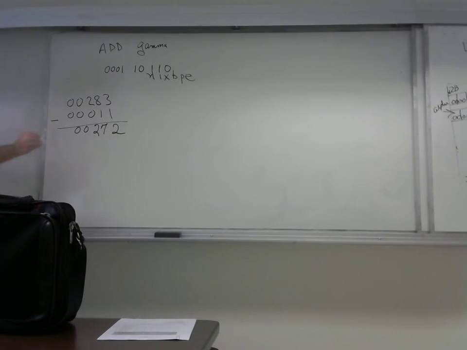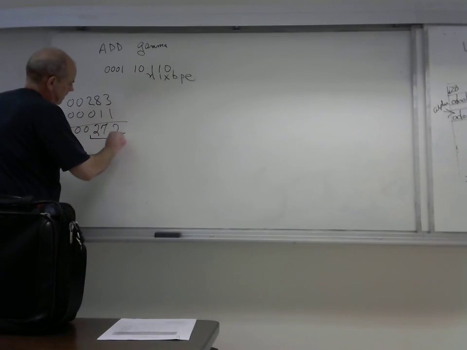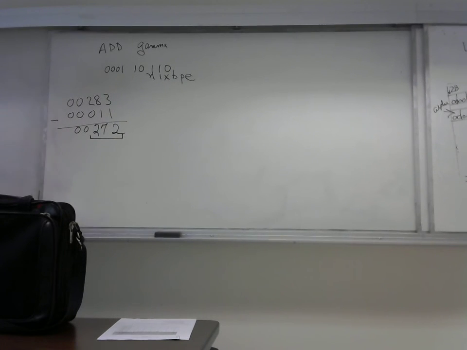So these are my 12 bits. Now, how can you tell if the offset is too big? Because this could happen. Well, it's a forward reference, so it has to be positive. What if I had a 1 here? Too big. What if I had an 8 here? Too big.